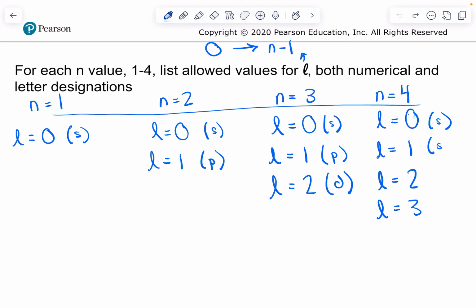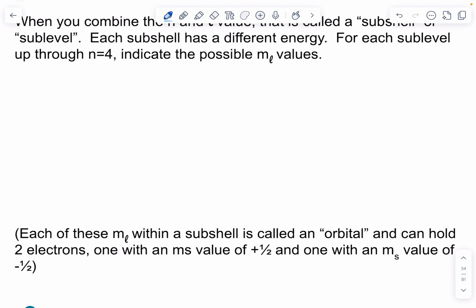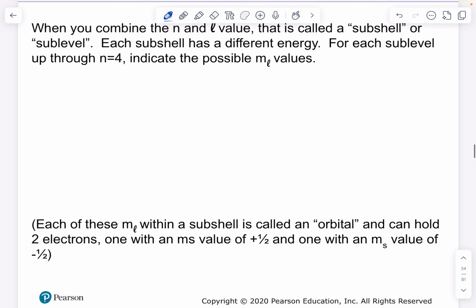Or another way of saying that is that you have another orbital type that has a different shape. Not just a single orbital, because the number of those might be different, but a different orbital type or shape. Okay, let's go ahead and pause here.